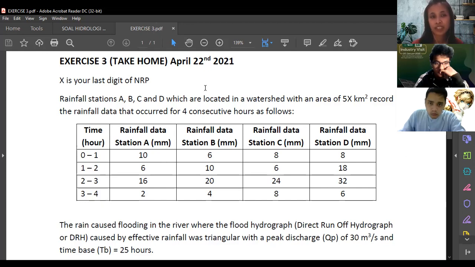But for today's class, from me, it's finished. If you have any questions regarding this exercise, or maybe the example from the previous one, you can ask. Is it clear for all of you?